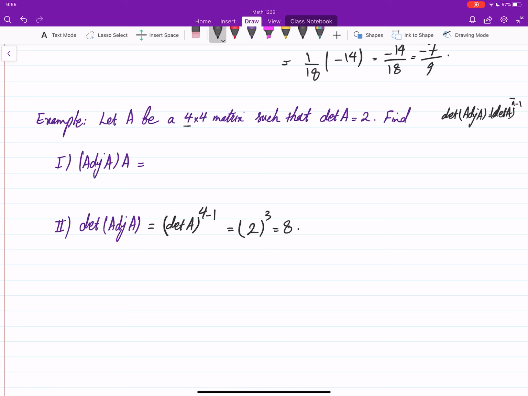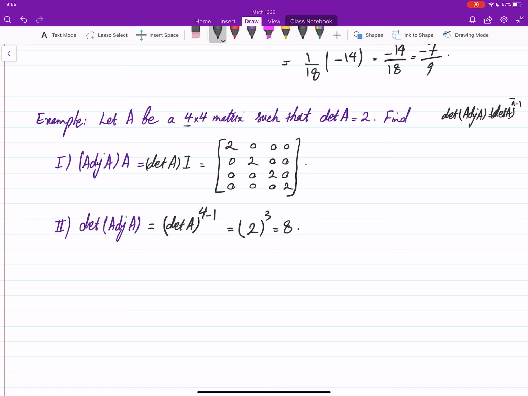How about the adjoint of A times A? You multiply the adjoint of any matrix by that matrix, you will get a multiple of the identity. So let me write this. The determinant of A times the identity. In other words, what we will get here is 2, 0, 0, 0, 0, 2, 0, 0, 0, 0, 2, 0, 0, 0, 0, 2.